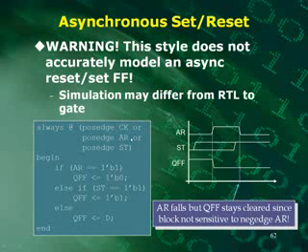What's going to happen? When asynchronous reset goes low, it's going to come back into this always block, and it says, is AR equal to 1? No. If this is set to 1, and it is, it's going to set it.